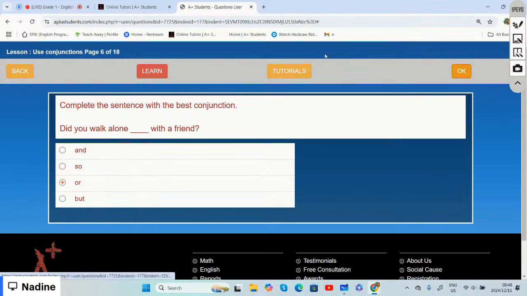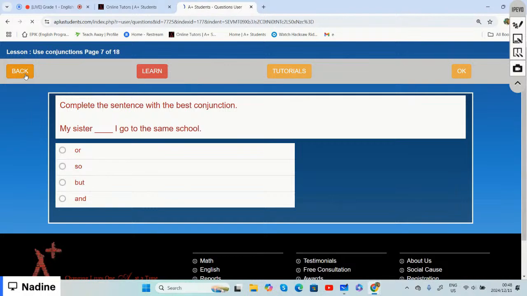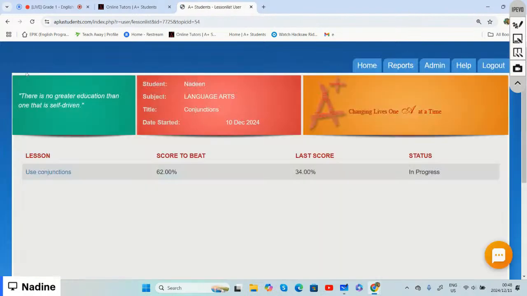All right. So this is now the end of our lesson on conjunctions. We said conjunctions, yes, well done. We said conjunctions are words that join either words or sentences. It puts words or sentences together.